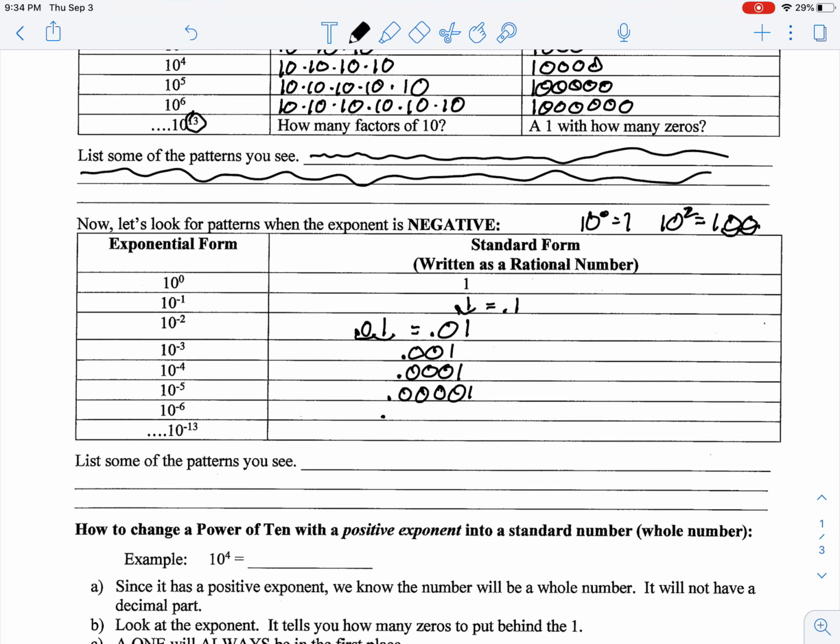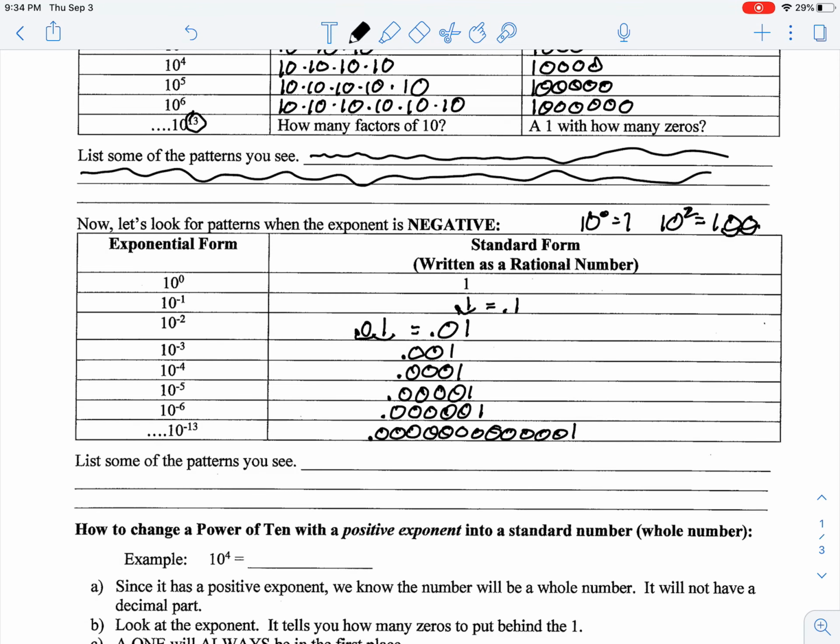And 10 to the negative 6, 0.000001. 10 to the negative 13th, holy moly, here we go, same kind of pattern though. Got 1, 2, 3, 4, 5, 6, 7, 8, 9, 10, 11, 12, and 1. That would be 10 to the negative 13th.